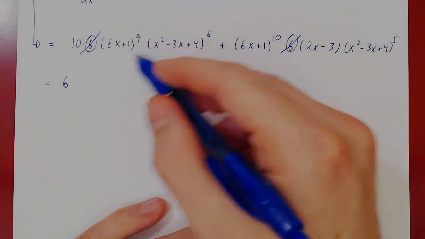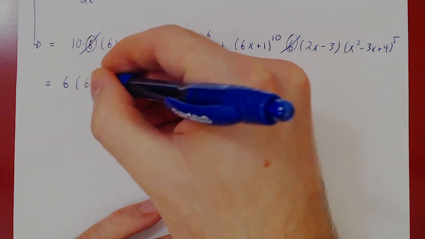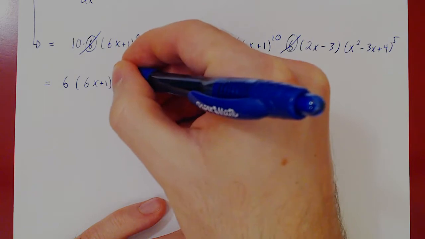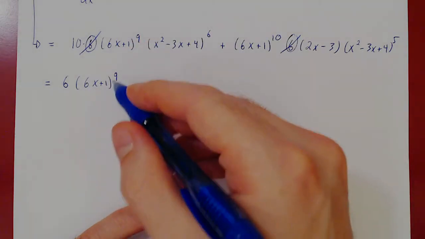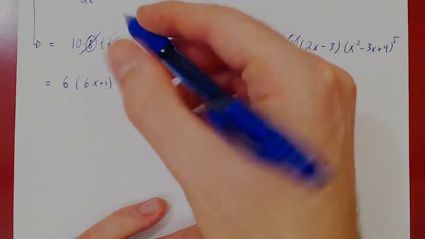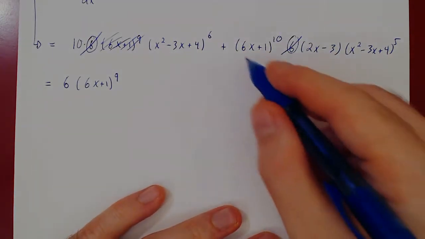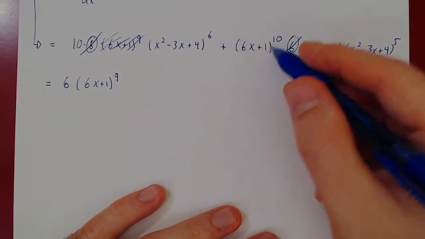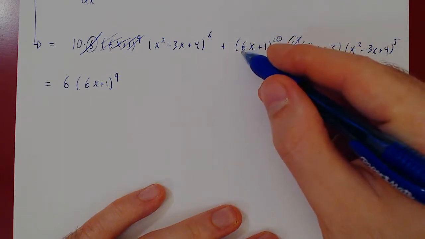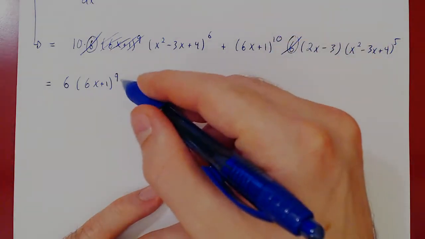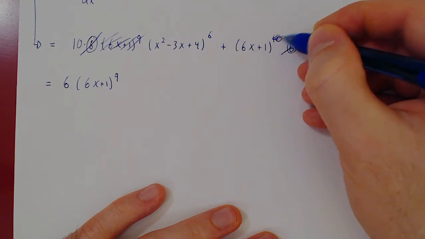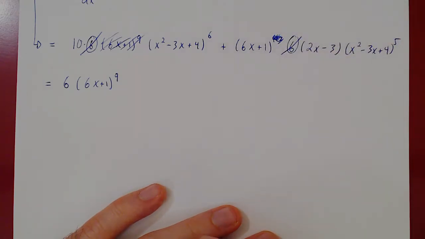So we can factor 9 of them. So 6x plus 1 to the 9. If we factor 9 from all 9, we're left with nothing. If we factor 9 from the 10th term, right, we have 10 here, factors of 6x plus 1. We take away 9, we're left with only 1.